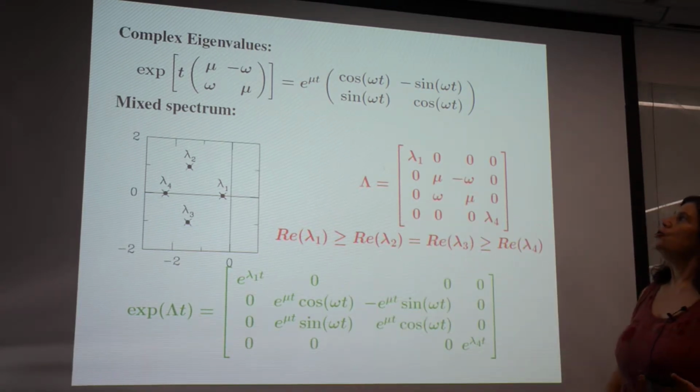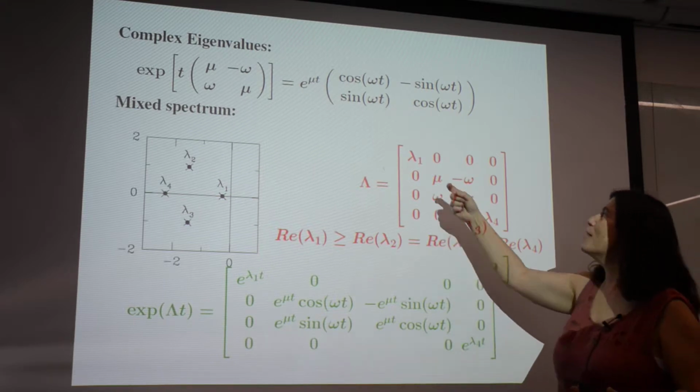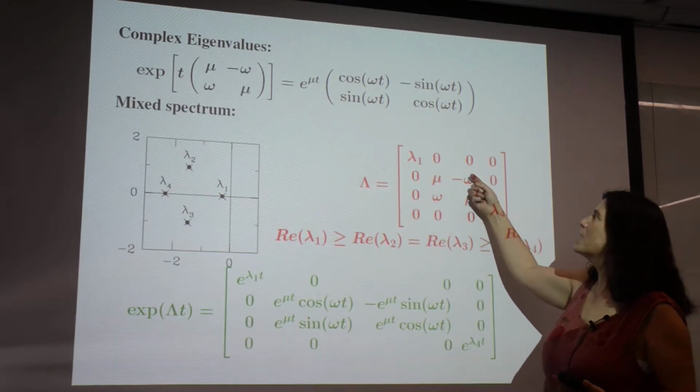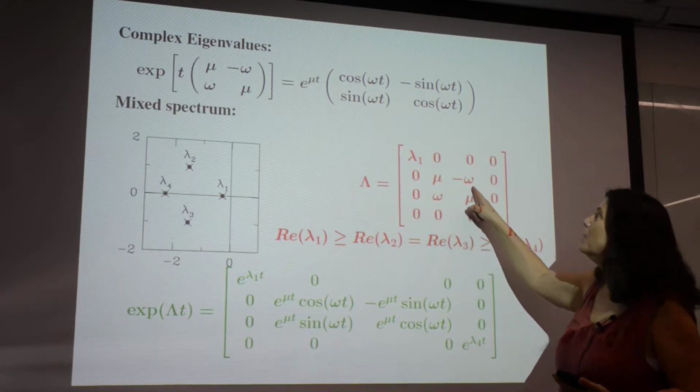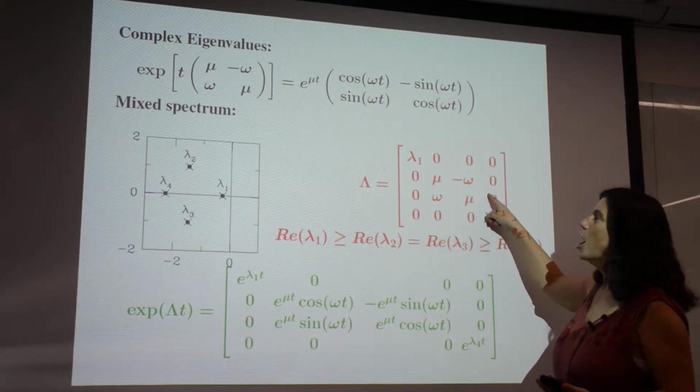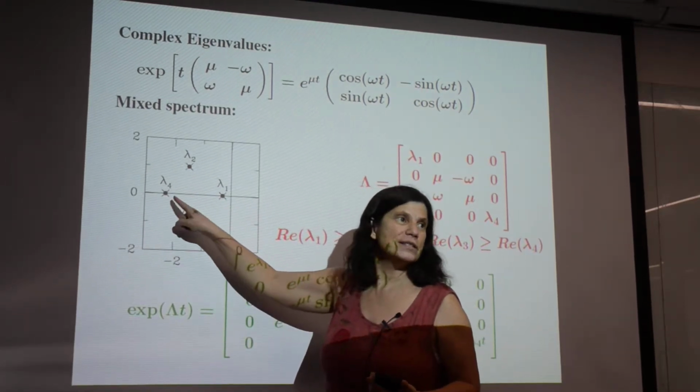Okay. So let us now combine all that. Let's say that we have some real eigenvalues and some complex eigenvalues. Here's a representative one with a complex conjugate pair, lambda 2, lambda 3, and two real ones.